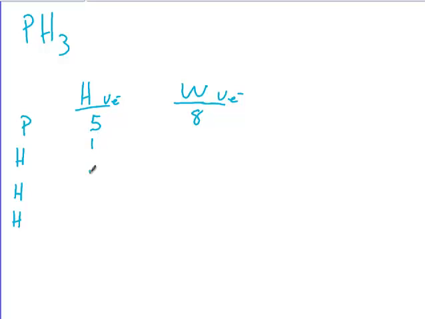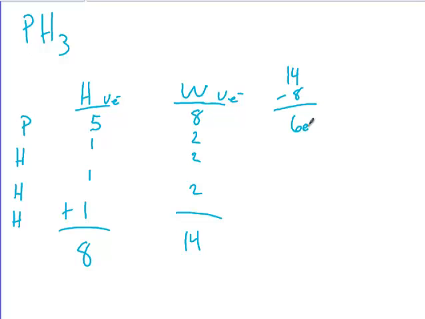Hydrogen being in group 1 only has 1. But remember, hydrogen only wants 2 valence electrons. So from here, let's add up each side. So we've got 5, 6, 7, 8. On this side, we've got 8, 10, 12, 14. From there, I'm going to take the 14, subtract my 8. That's going to give us 6 electrons to share. I'm going to divide that by 2, which means I've got 3 lines.